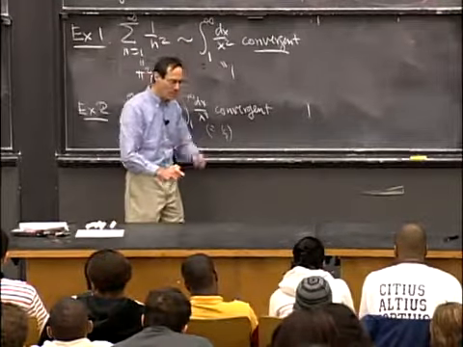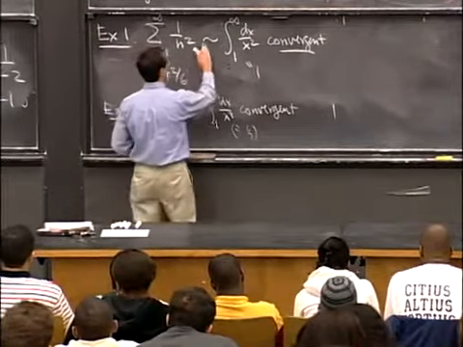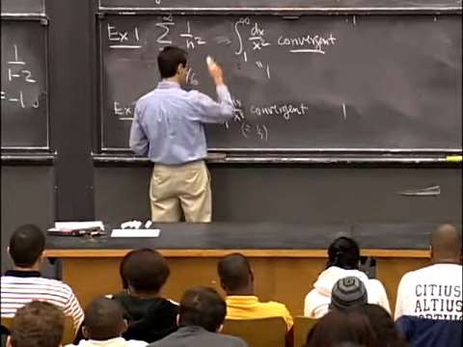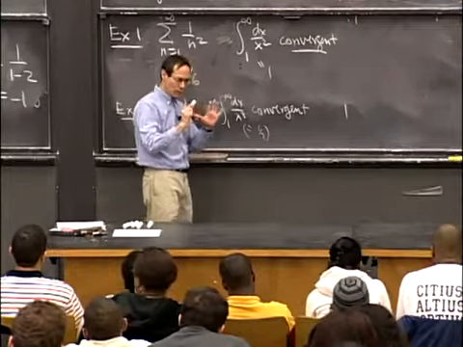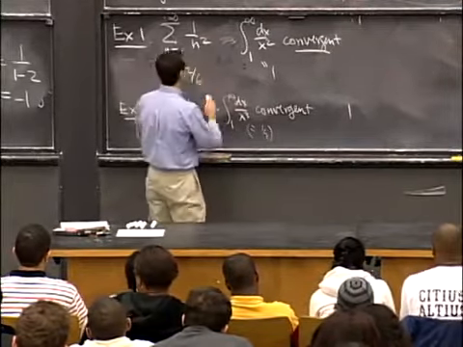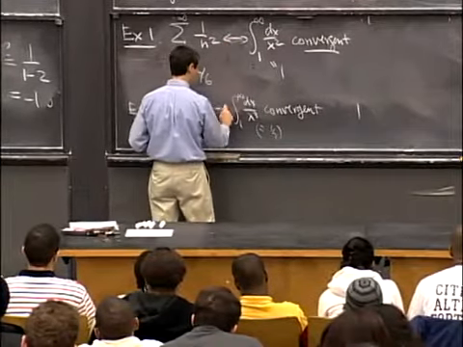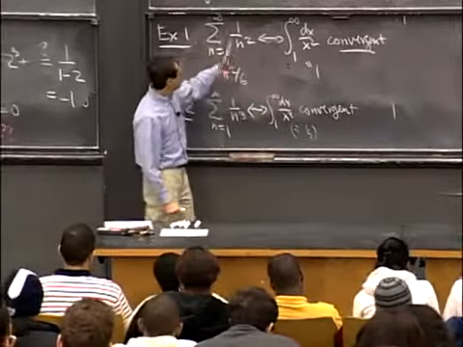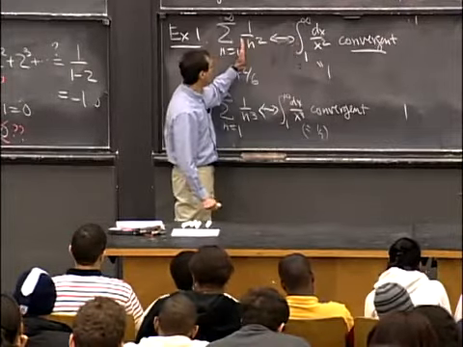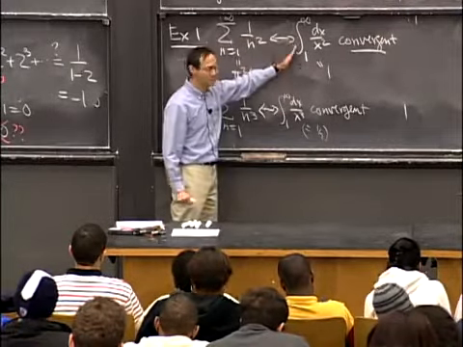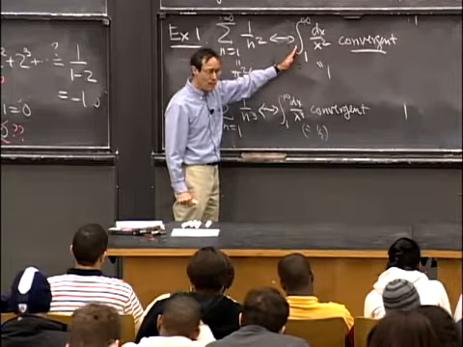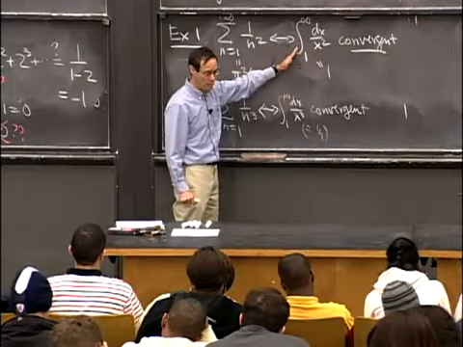You're absolutely right, and I violated a rule of mathematics, which is that I used the symbol for 2 different things. I should have written a different symbol here. I'll create a new symbol here. The question of whether this converges or this converges, these are the same type of question. And we'll see why they're the same question in a few minutes.